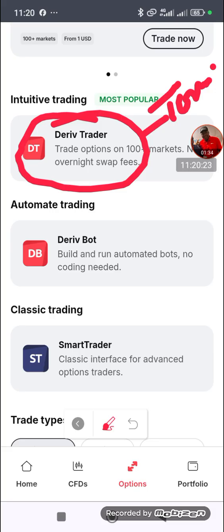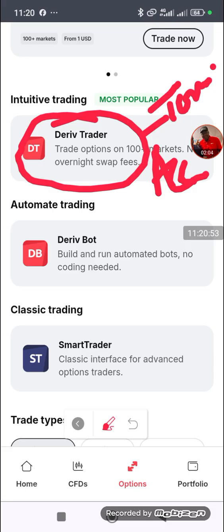The reason is that I don't know if it has been updated and is timely; I have not tested yet. But before now, it used to lag like 1 second or so for digits. I can trade touch and accumulator with Deriv Trader. Everything I want to trade is actually available on this Deriv Trader.